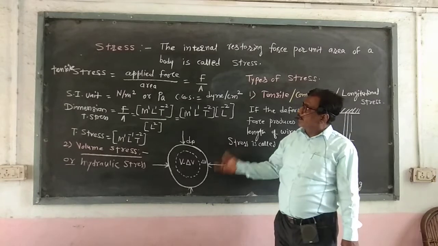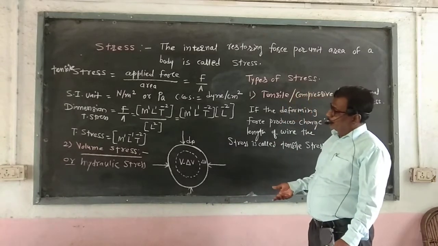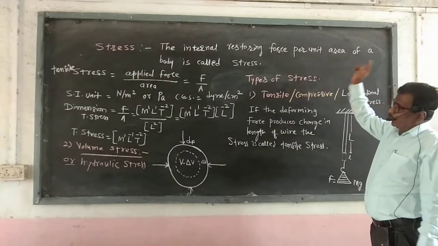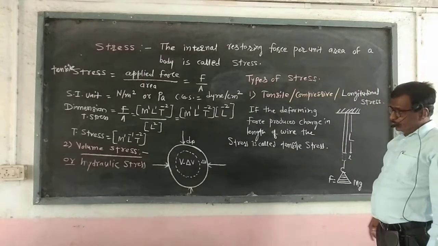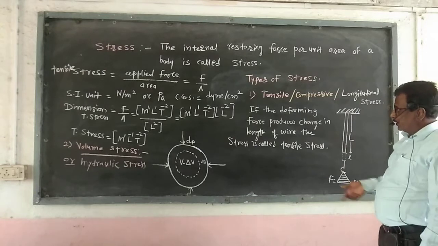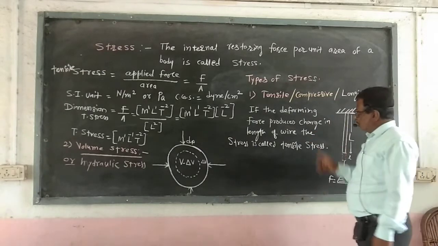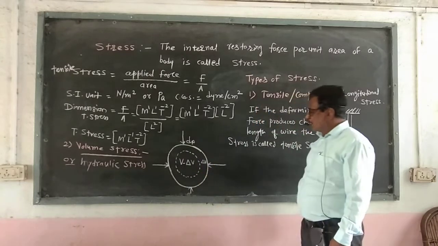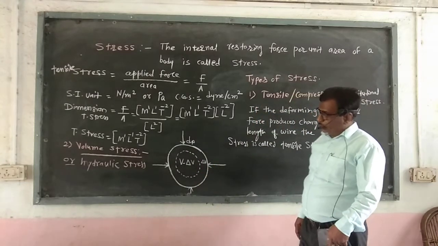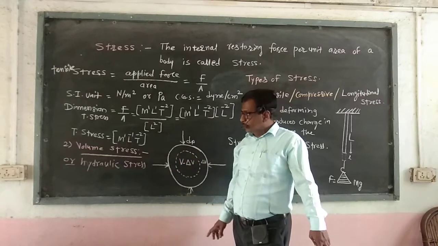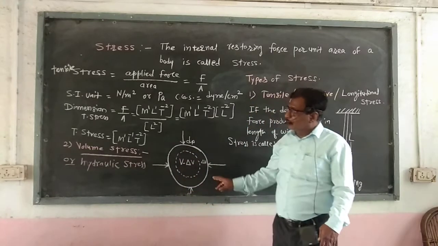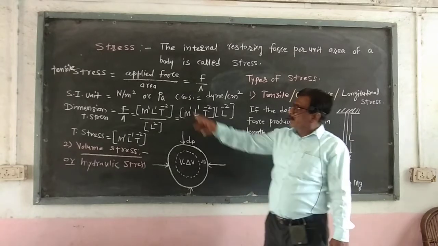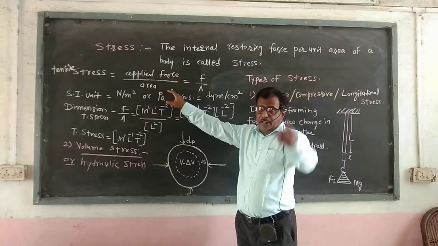So when we apply a force, then the internal restoring force per unit area is called stress. Volume stress means if the deforming force produces change in volume, that type of stress is called volume stress. Similarly, formula for volume stress is also the same, applied force divided by area.